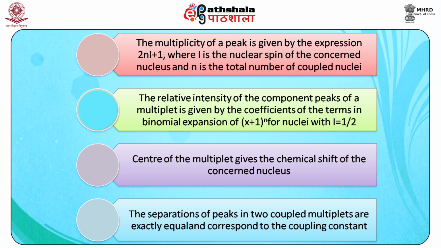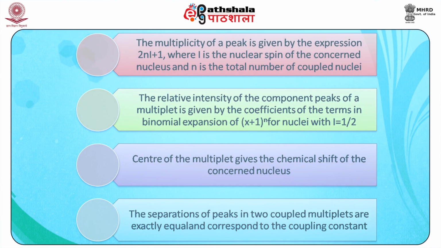The relative intensity of the component peaks of a multiplet is given by the coefficients of the terms in the binomial expansion of (x plus 1) raised to the power n for the nuclei with I equal to 1/2. Now, the center of the multiplet gives the chemical shift of the concerned nucleus. The last and the fourth point, students, is that the separations of peaks in two coupled multiplets are exactly equal and correspond to the coupling constant.